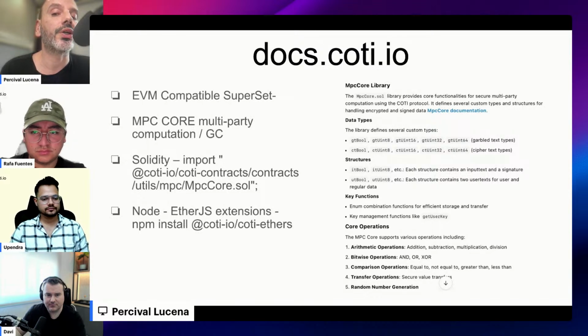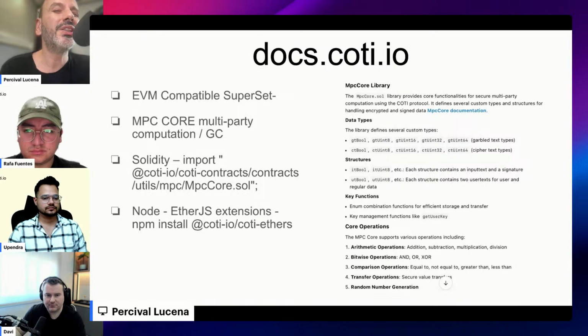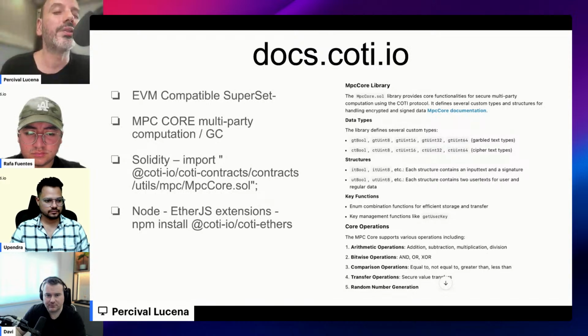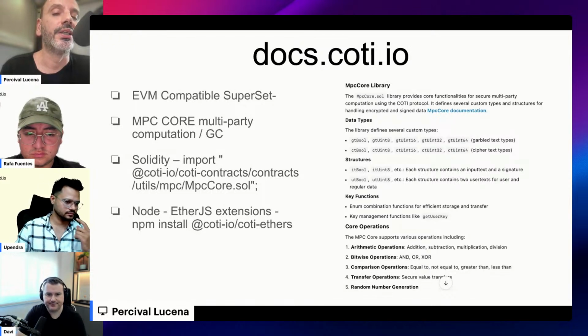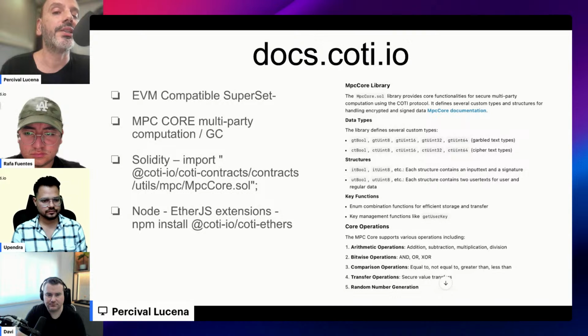They use what we call a multi-party computation library based on a new technology developed on Coti called garbled circuits. You don't need to already be a developer who is familiar with developing Solidity blockchains. You probably will know that we're going to use the AI tool to automatically generate code for the MPC core library.